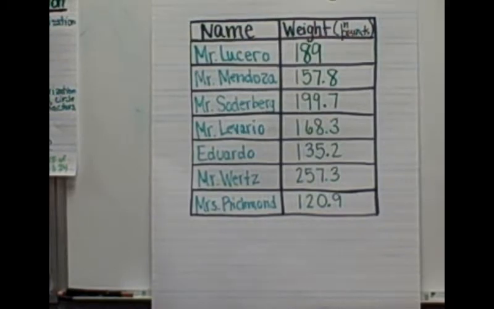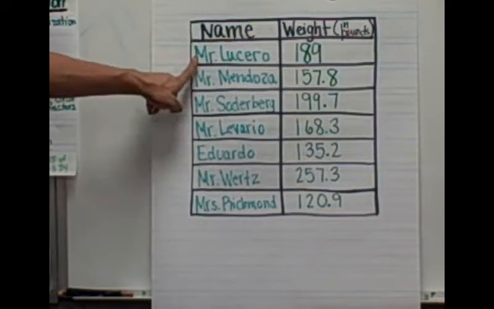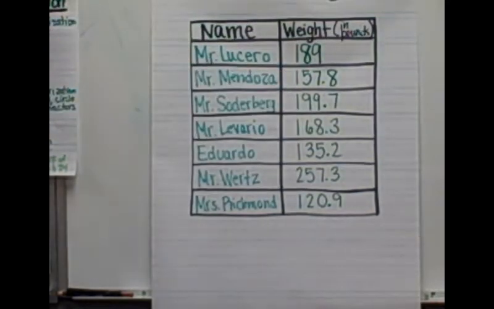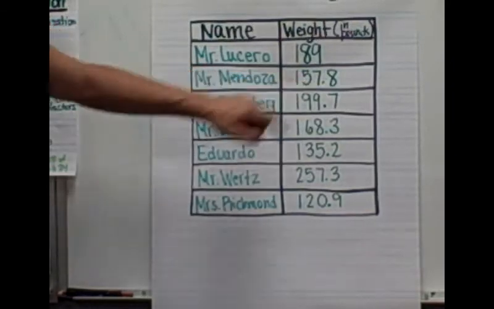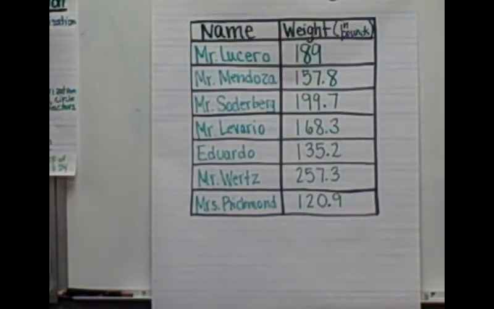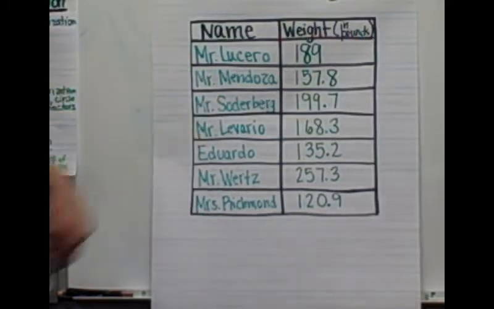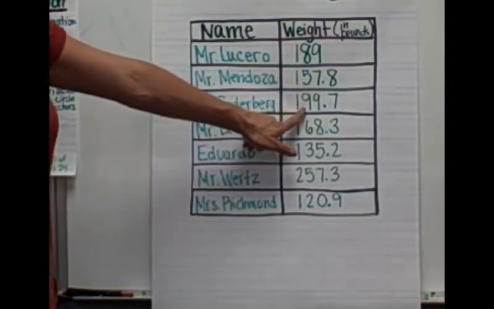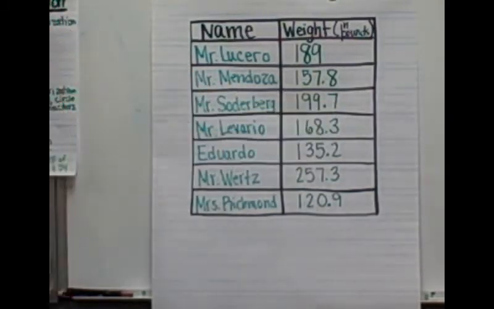Okay, so now that we've weighed everybody, what I need you all to double check is make sure that you have filled in your table correctly. So Mr. Lucero was 189 pounds. Mr. Mendoza, 157.8 pounds. Mr. Soderberg, 199.7 pounds. Mr. Lavario, 168.3 pounds.